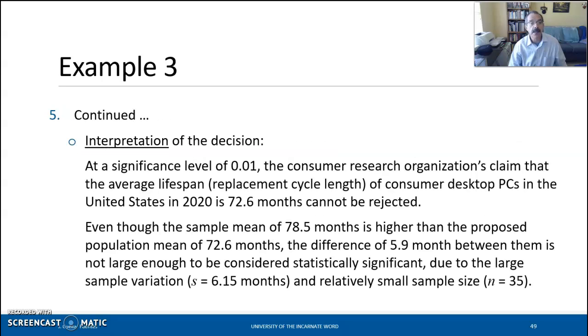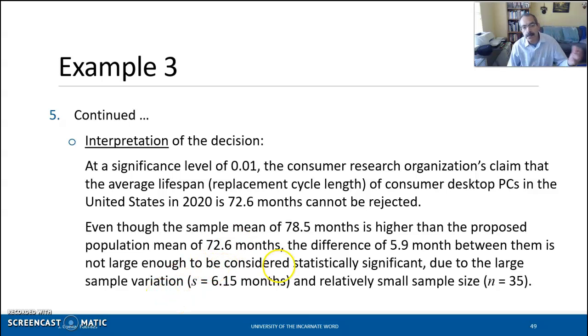So we interpret that decision as at a significance level of 0.01, the consumer research organization's claim that the average lifespan of consumer desktop PCs in the United States in 2020 is 72.6 months cannot be rejected. So we believe that that is the actual situation.